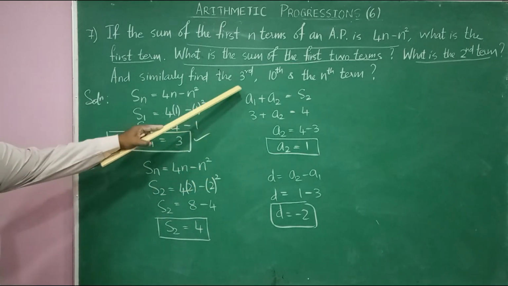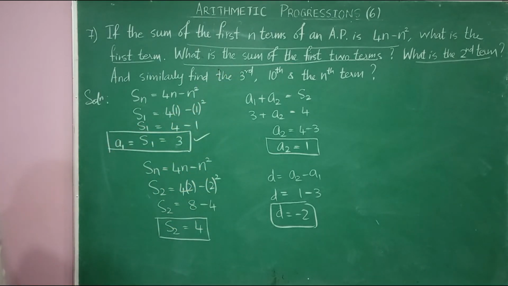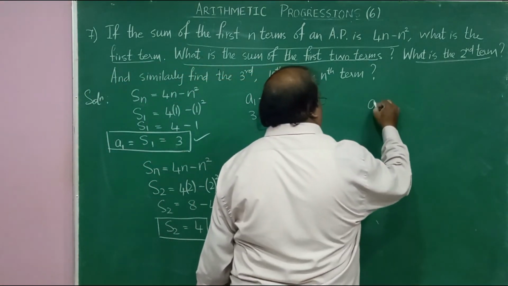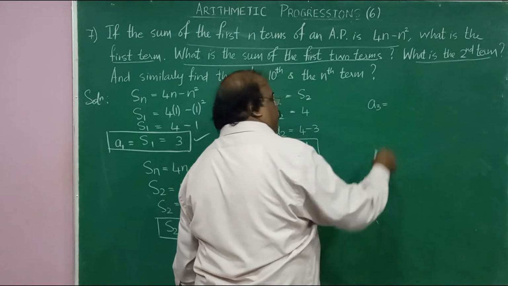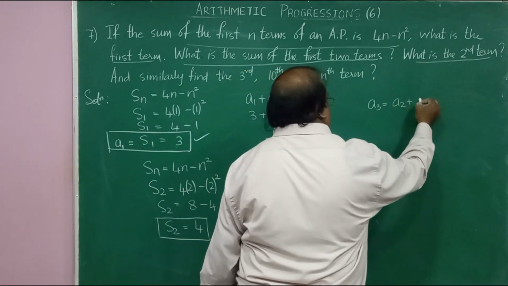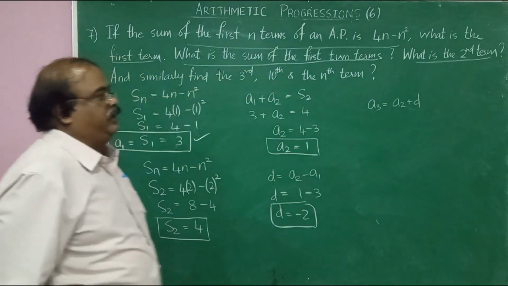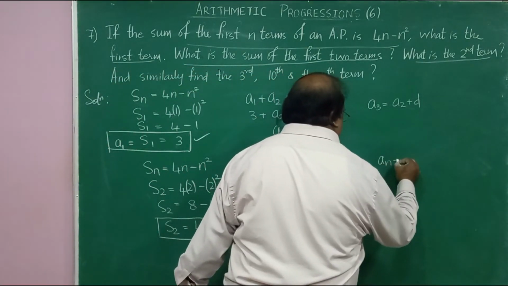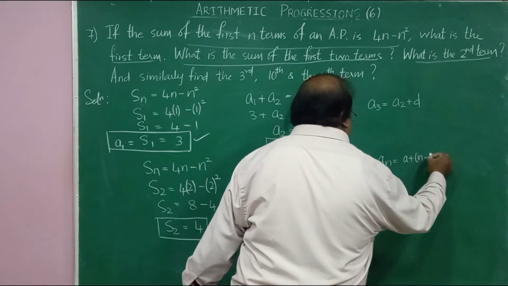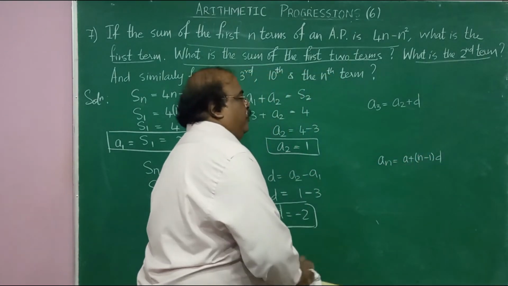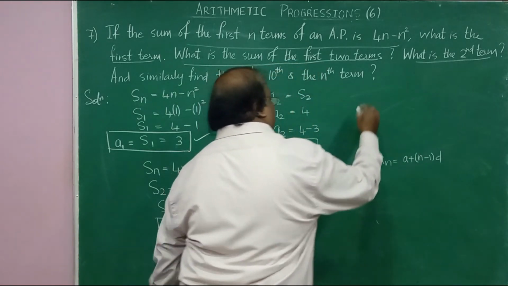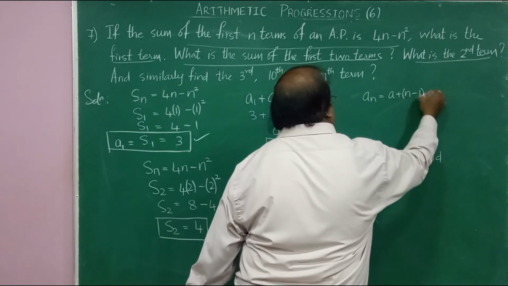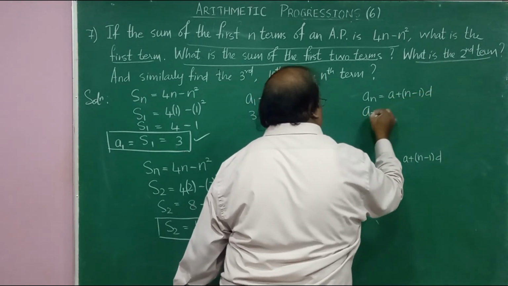Once you know the common difference, very easy for me to find out the third term. What is the third term? A2 plus D. Or you can use the formula An is equal to A plus of n minus 1 into D. So what is your third term?